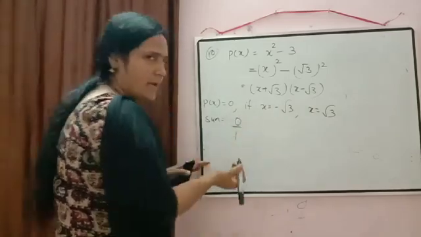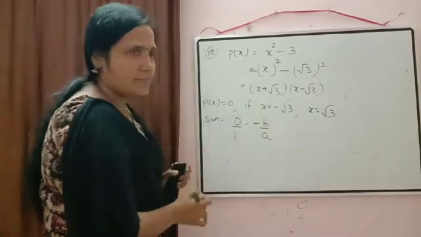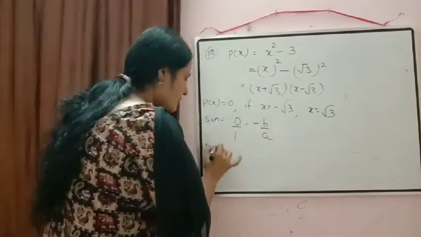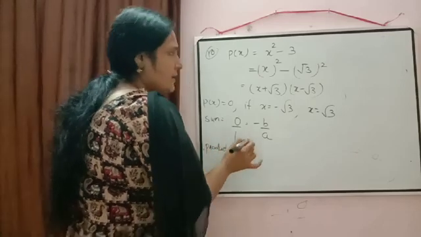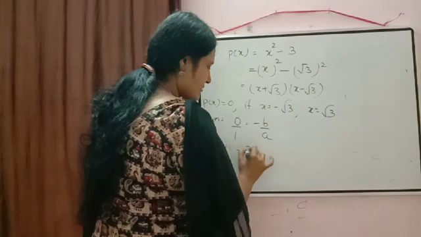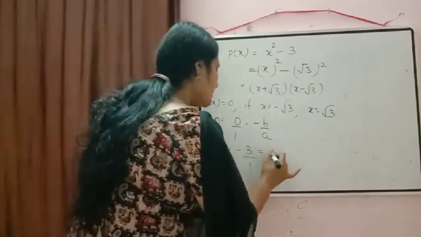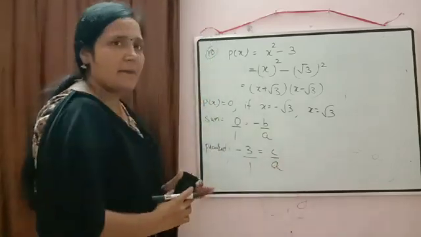And 0 can be written as 0 by 1, which is equal to minus b by a. And the product of the zeros will be root 3 into root 3 is 3, and then this negative sign. So minus 3 can be written as minus 3 by 1. So it is equal to c by a.